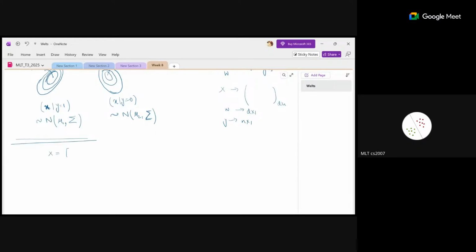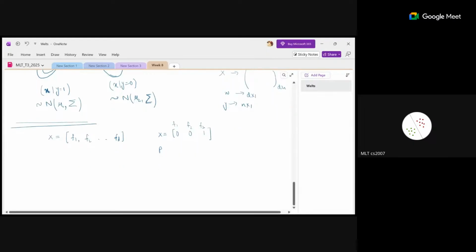Let's say my x is f1, f2, and so on till fd, and these f's can take the values only 0 and 1. For example, let's say x is 0, 0, 1, so this is my f1, this is my f2, this is my f3. What does naive Bayes say?